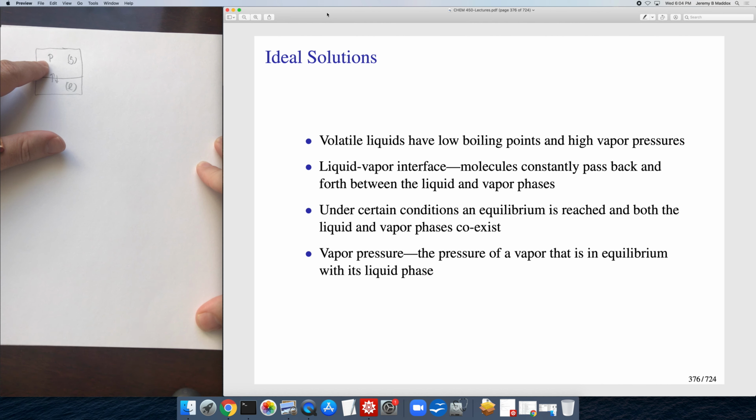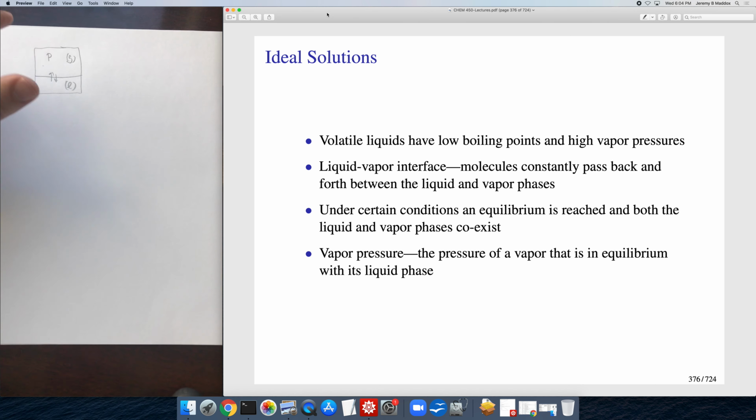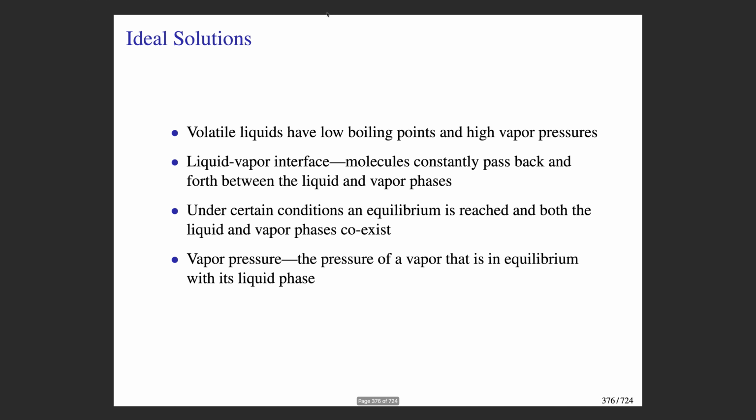So if you have a low boiling point, that means you already have a high vapor pressure. And so that's what makes up a volatile liquid. Low boiling points and high vapor pressures. At the interface between the liquid and the vapor, molecules are constantly going back and forth.